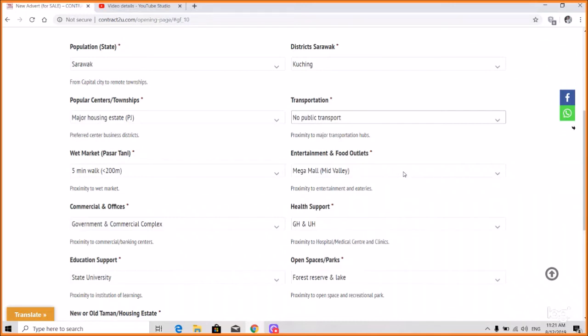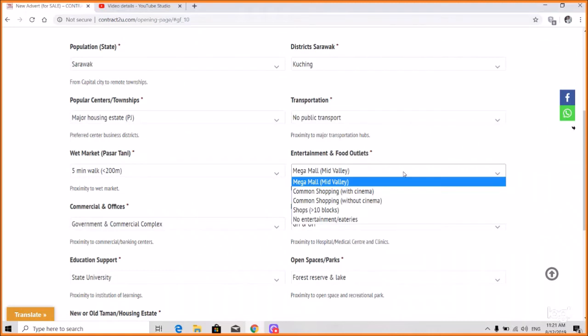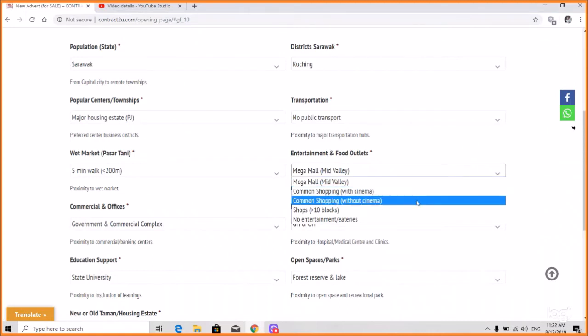Entertainment and food outlet, this one means areas like a super mall or a shopping mall whereby you have a lot of shops selling food and entertainment. So for Sky Villa, it is next to a lot of common shopping outside the development area, and there is no cinema. Of course, if you are near Mid Valley, then there will be a cinema inside the super mall.